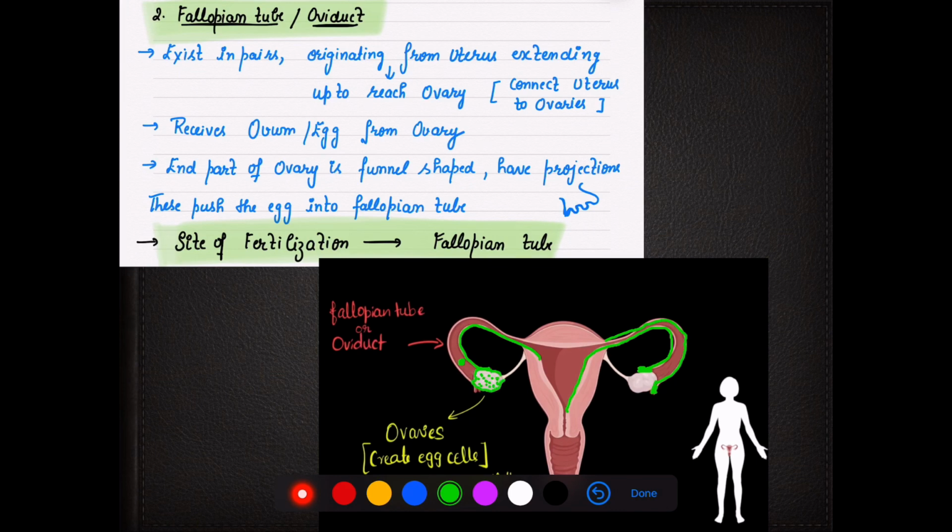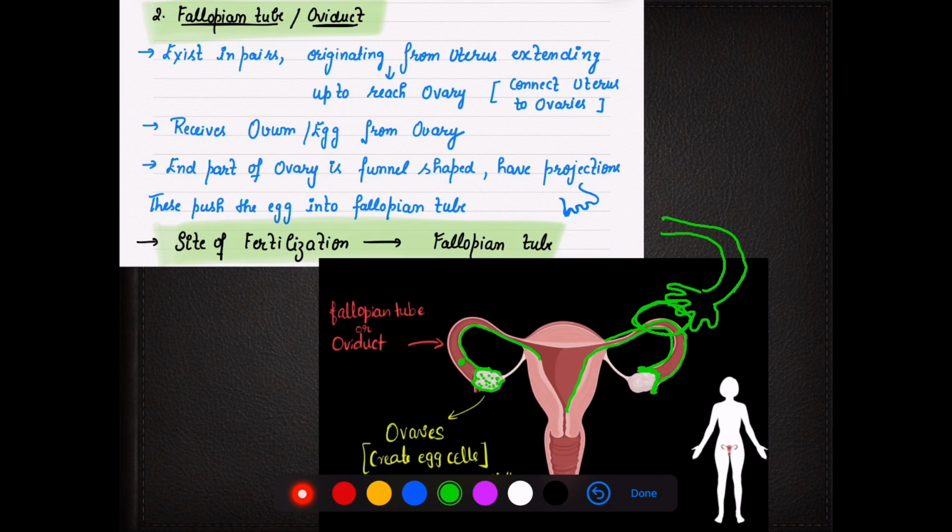Now look at each part of the oviduct. It is funnel shaped. If I draw it, this is the fallopian tube part, right? This is the part which is going like this. There is a border, these finger-like projections are present, and here the ovary is present like this.